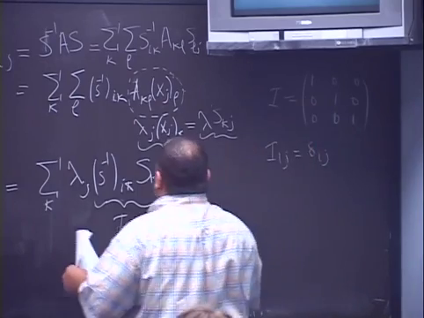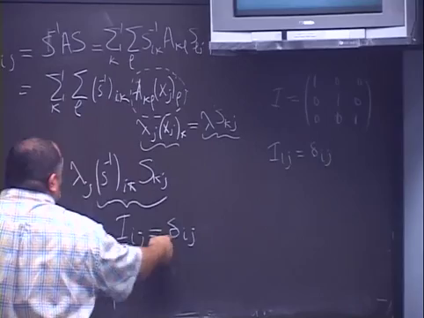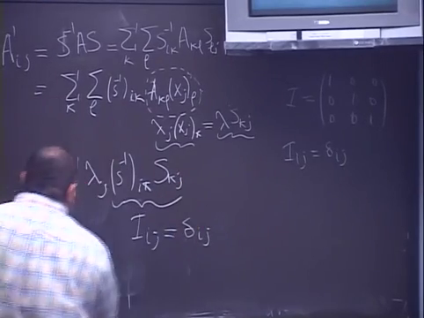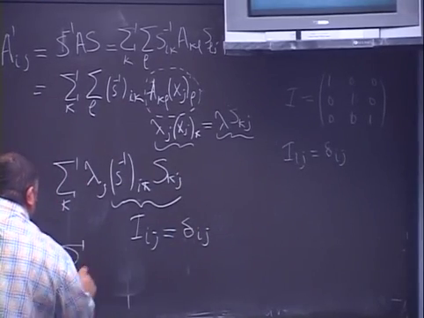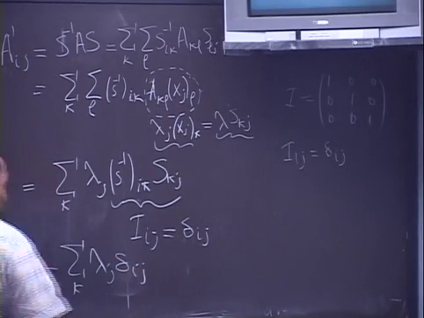So when you substitute the identity matrix component, or the canonical delta, here, you will end up with summation over k of lambda j delta i j. And what's this?